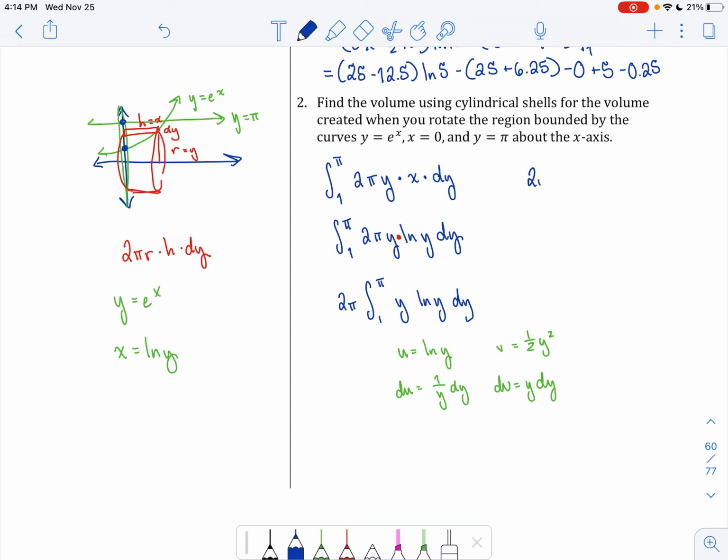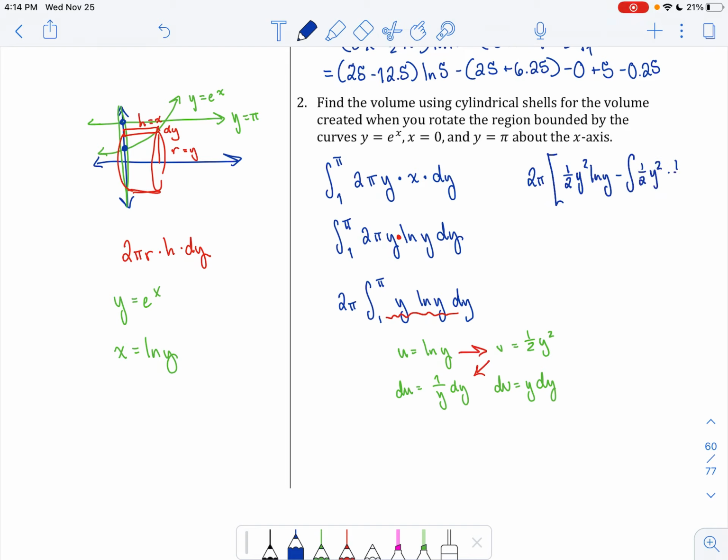So then following our formula for parts, we then get 2 pi, and then I'm going to say then it's uv, because we already have our v du right here. So then it's 1/2 y squared ln of y minus the integral of v du.